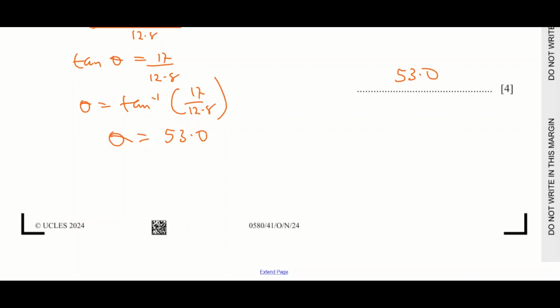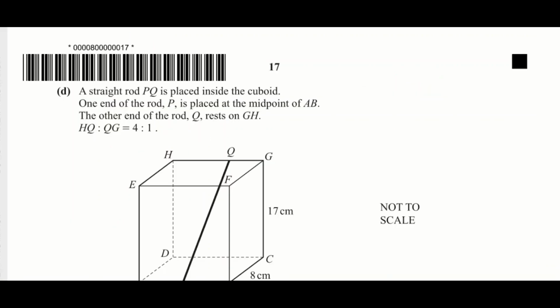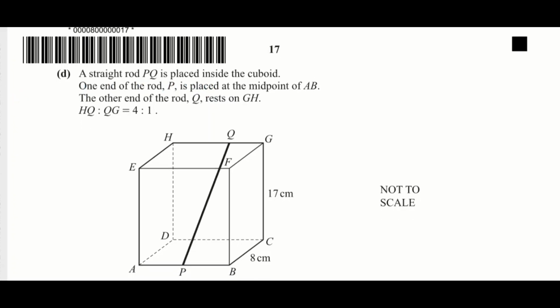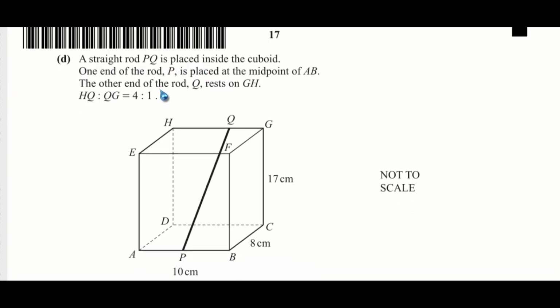So let's go to the next question, question 9D. A straight rod PQ is placed inside the cuboid. One end of the rod, P, is placed at the midpoint of AB.